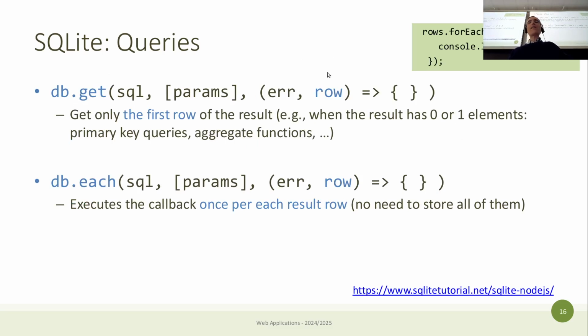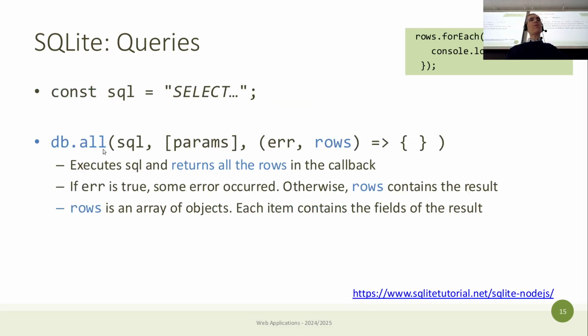Okay, there are other methods useful for our purposes, like get, to get only the first row. Typically, when you search for a username, you just care if the username exists or not. You don't want the full list of usernames in your system. Get is fine. Okay, each executes the callback once for each result row. So it's a bit different from all.